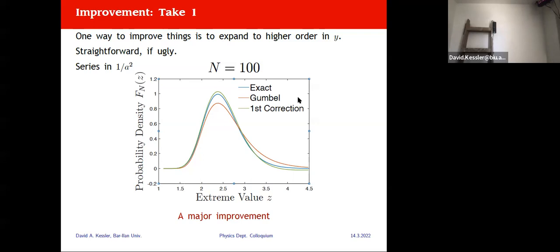This also is very reminiscent of renormalization. In fact, people have said that Fisher and Tippett basically invented the renormalization group in their first paper. An alternate way of thinking about it is like the central limit theorem, except instead of sums, because a sum you can think of as a renormalization problem.